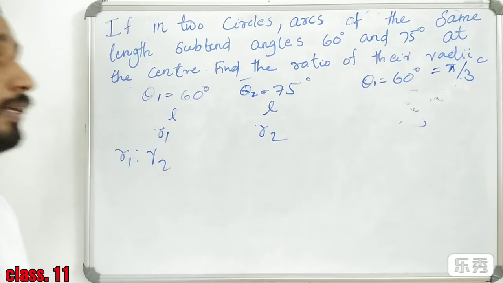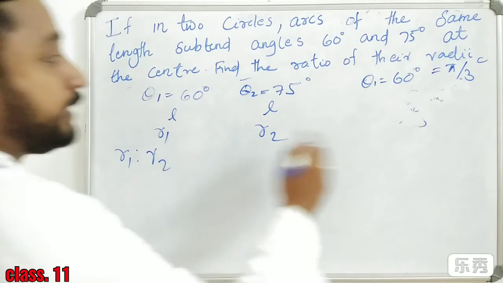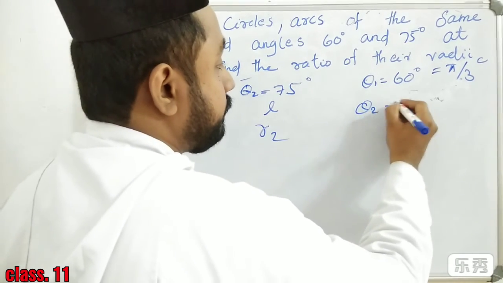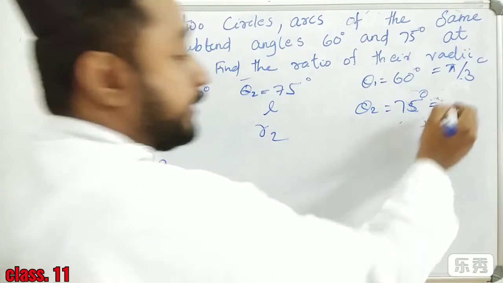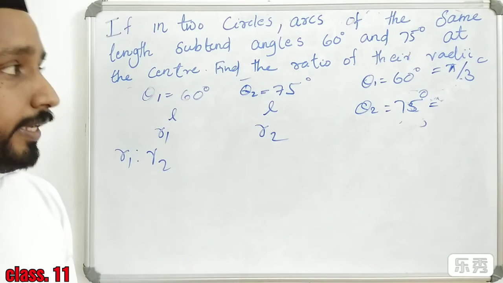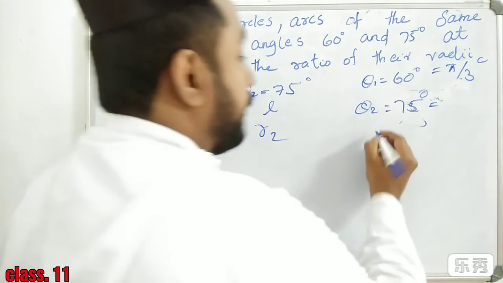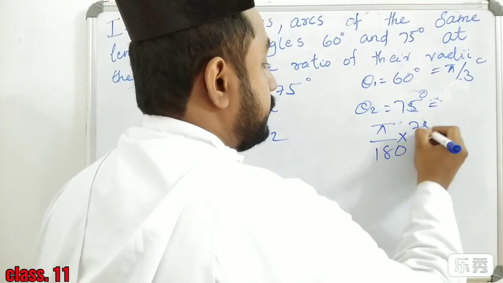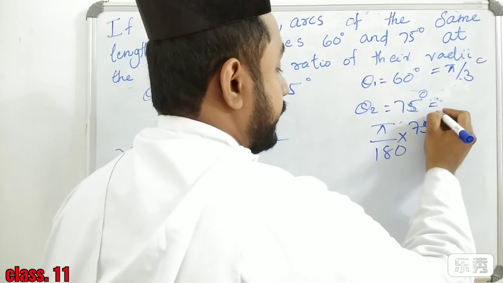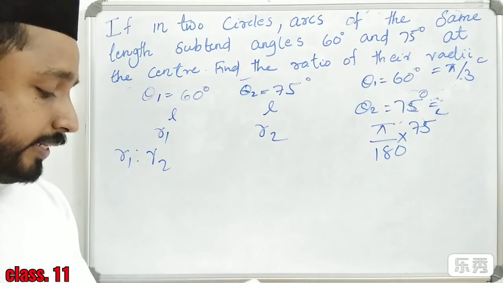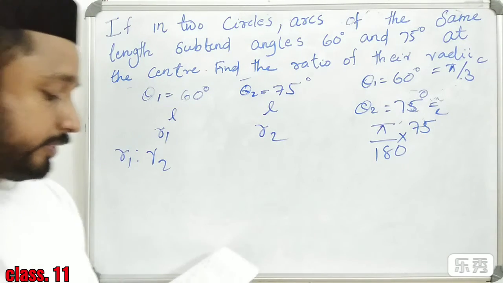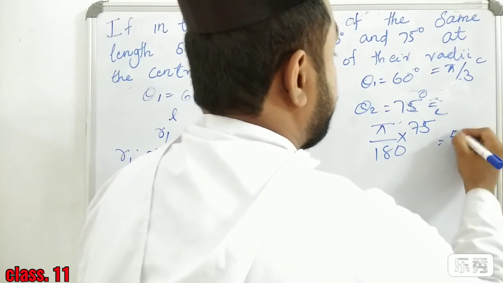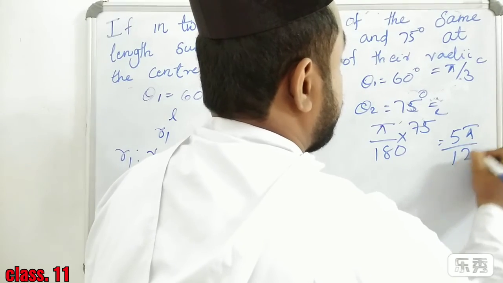The second angle, theta 2, is equal to 75 degrees. Therefore, pi by 180 into 75 radian, which is equal to 5 pi by 12 radian.